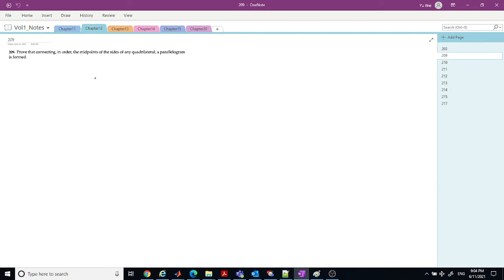Problem 209. Prove that if the midpoints of the sides of any quadrilateral are connected in order, a parallelogram is formed. This is the same thing as what we just talked about. So A, B, C, D, and for any quadrilateral, if you take the midpoints E, F, G, H, we only need to connect these two lines.